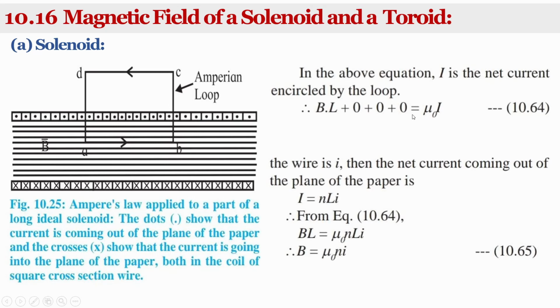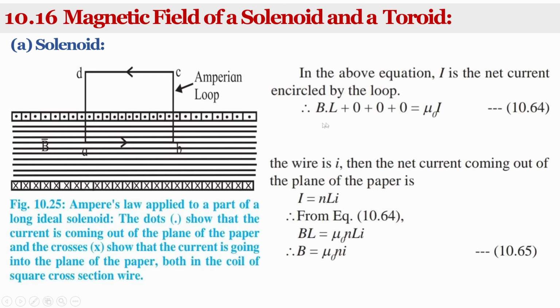The third integral is 0 because side CD is outside the solenoid, so its value is very weak, and by observation we can take its value as 0.